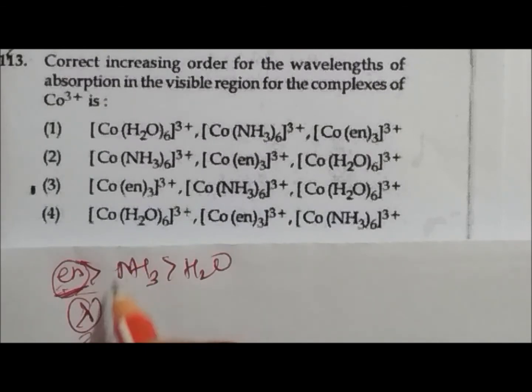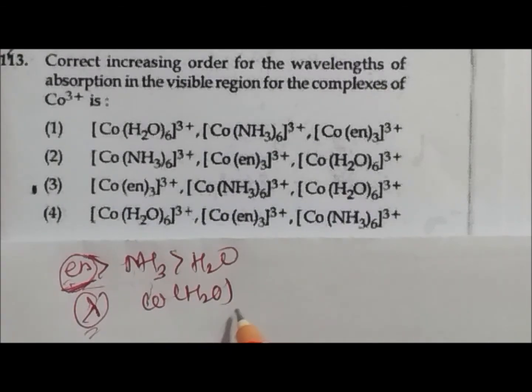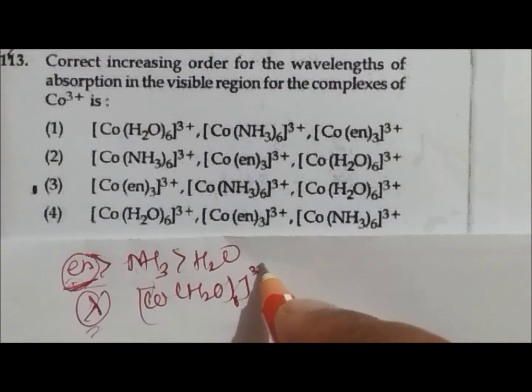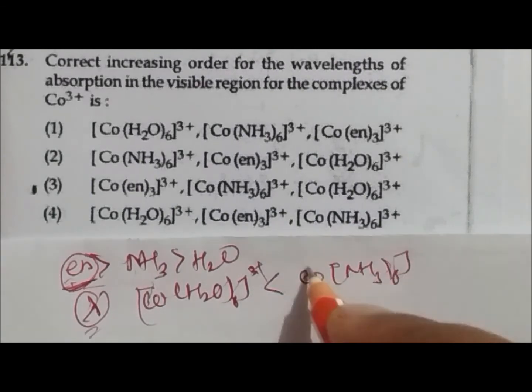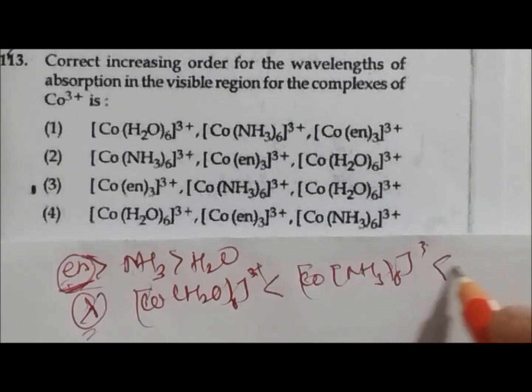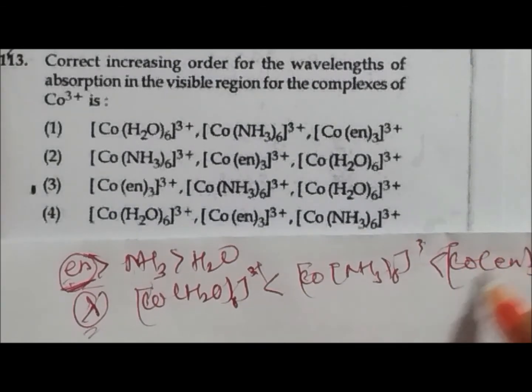The highest wavelength of light will be absorbed by Co(H2O)6, which has the lowest ligand strength, followed by Co(NH3)6, and the highest ligand is en, so Co(en)3 whole thrice positive.